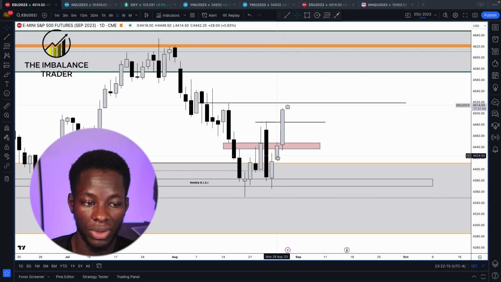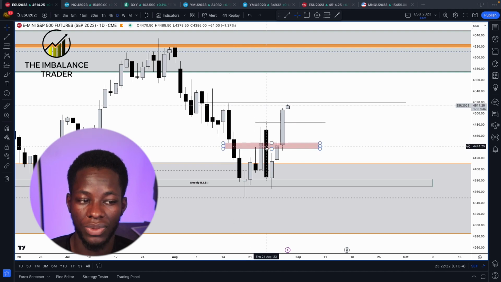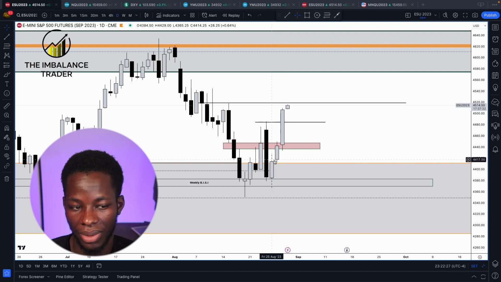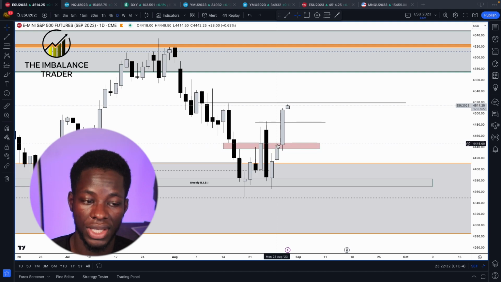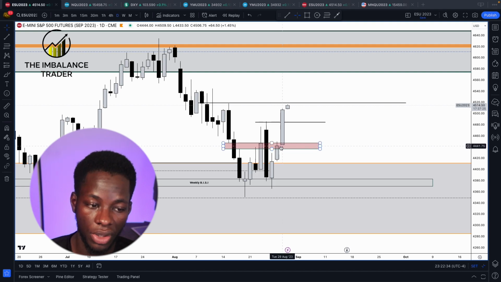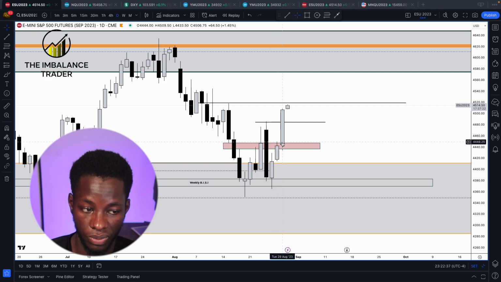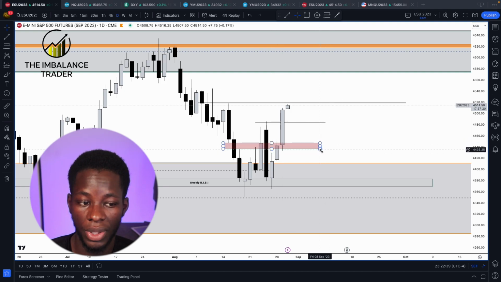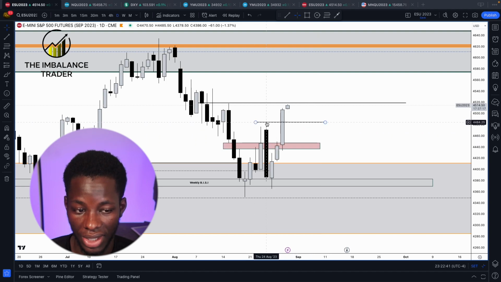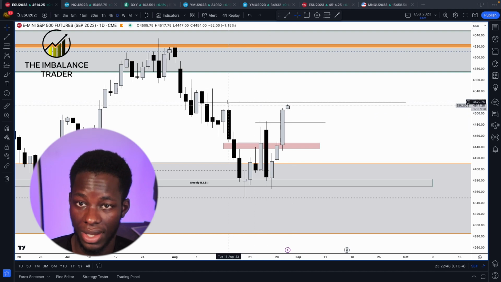We're going to look to see what Monday does. We're not going to try to trade Monday because we know we have this daily fair value gap here. Because you are bullish, you are going to wait and position yourself so that if we trade through the 50% of this fair value gap and then come into it once again, we will use it as an inversion fair value gap, targeting the previous day high.